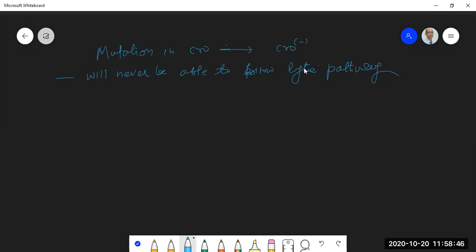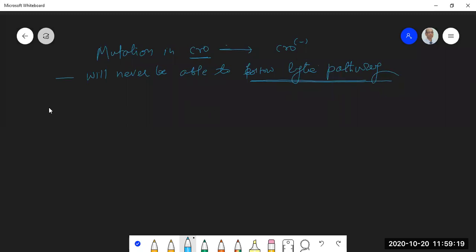It is an extension of what I said earlier, that which survival option to go for depends on the delicate balance between these two proteins, repressor and CRO. If there is a mutation in the gene which codes for the repressor, the bacteriophage will never be able to establish lysogeny. And if there is a mutation in the gene which codes for the anti-repressor protein, that is the CRO gene, such a bacterial cell will never be able to follow the lytic pathway.